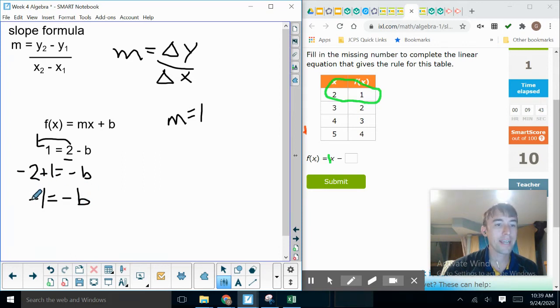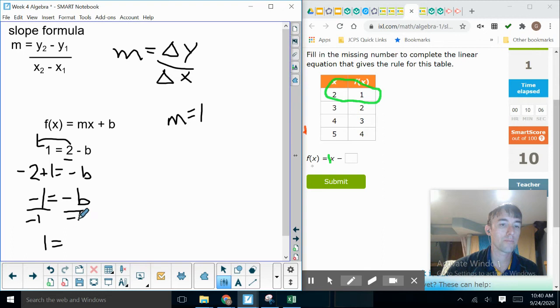Now, when you have a negative b, we don't want to know what is negative b. We want to know what is b. So we're going to divide by a negative 1 on both sides. Negative divided by negative becomes positive.